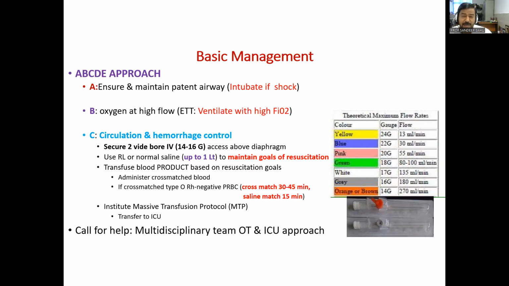And we can start the massive transfusion protocol. I thank my transfusion medicine friends in SGPGI, who help us whenever we are in crisis and the patient's life is in danger. So call for help, meaning we should act as a multidisciplinary team, whether we are in the OT or ICU.